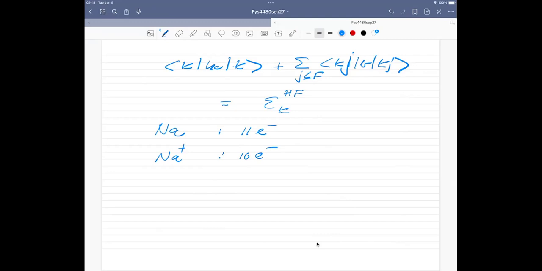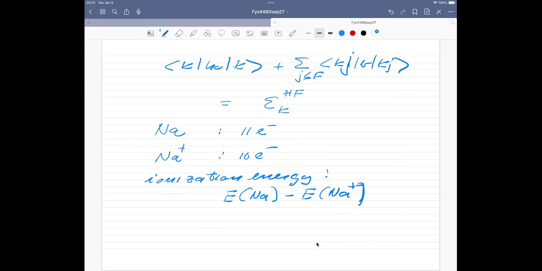So if somebody now can measure the ionization energy, that is the difference in energy between Na, natural sodium, minus ionized sodium. If you have an experimental value for that, you can compare that directly with Hartree-Fock theory.